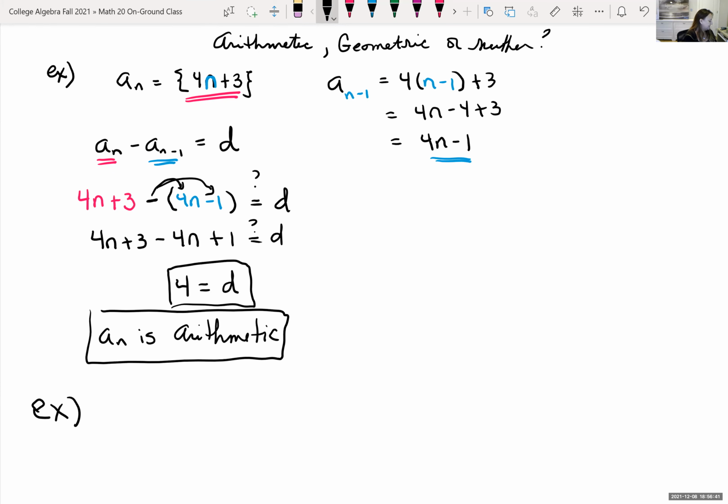So if you had c sub n, let's say, is equal to 2n cubed. So same sort of problem. We're just testing to see if it's arithmetic, geometric, or neither.